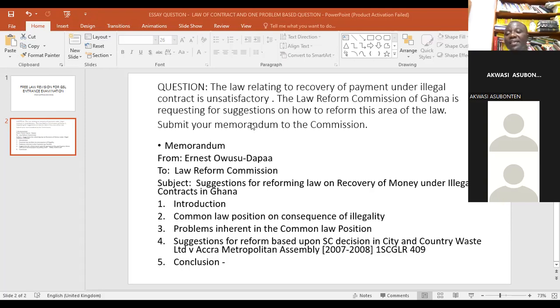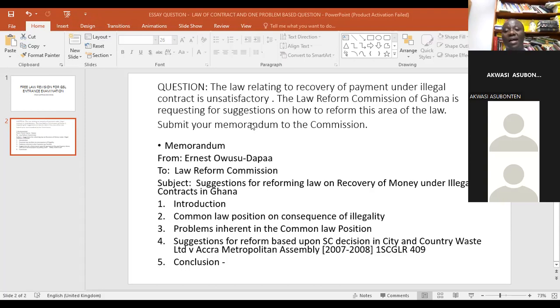That as soon as you conclude that this is an illegal contract, then we don't even pay attention to the exceptional circumstances, particularly where one person might have benefited significantly under the contract, and the other party who actually performed is not going to get anything just because they have concluded that the contract is tainted with illegality.